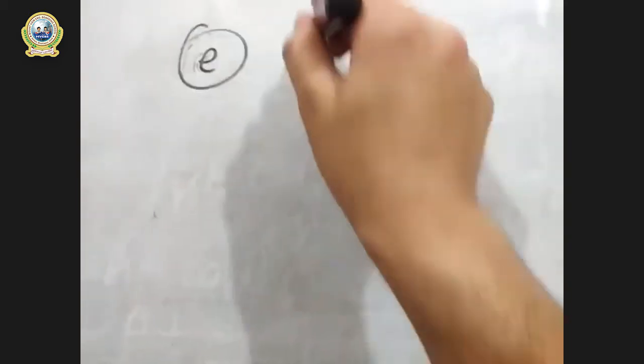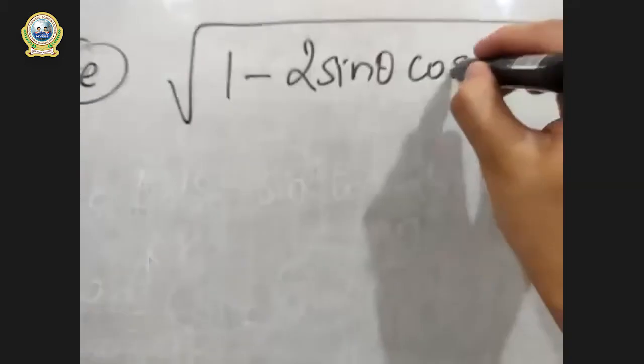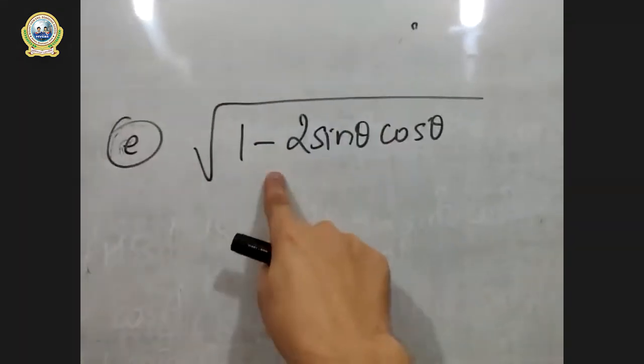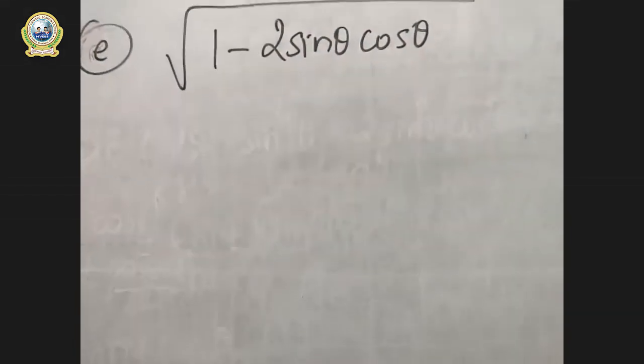Now write the next question, E, and it says root under 1 minus 2 sine theta cos theta. Look at this carefully. Root under 1 minus 2 sine theta cos theta. Is this clear?